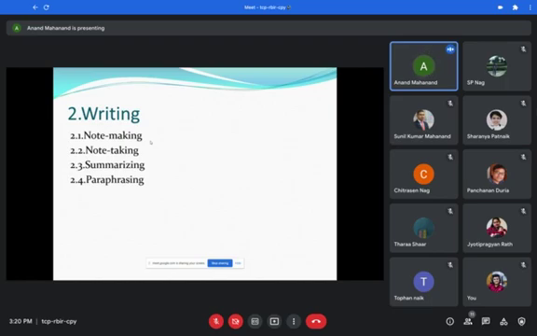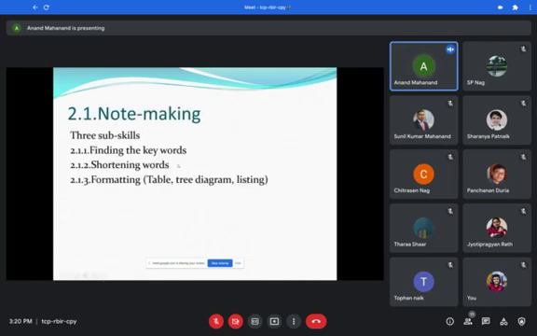Then writing. Writing will involve note taking, summarizing, and paraphrasing. We'll discuss each of them a little bit. Note making. To make good notes, we have to learn three soft skills: finding keywords, shortening words, and formatting, representing them in an appropriate format.